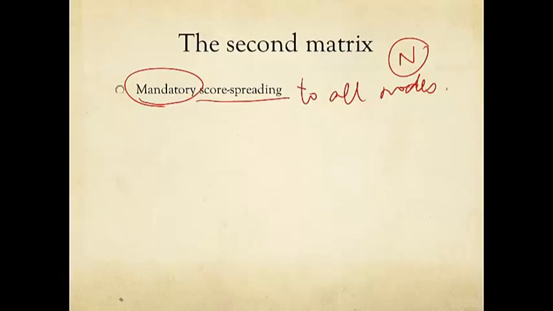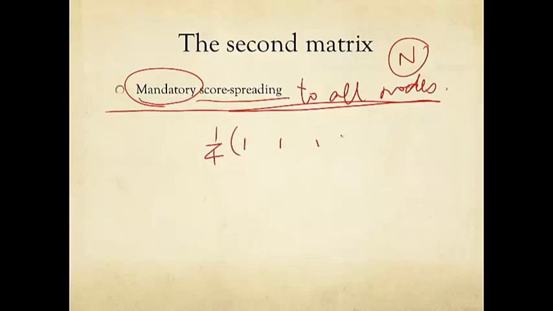Now here's a shorthand notation to denote this action of forced importance score spreading to all the nodes. What we saw is that we basically say that there is 1 over 4 times 1, 1, 1, 1. Okay? This is a vector of ones, so we write it as a boldface 1, a vector 1.